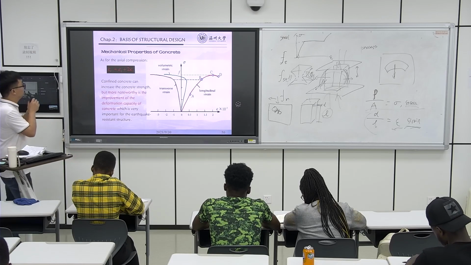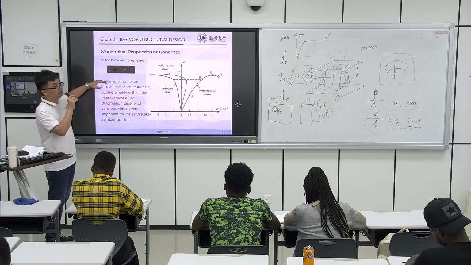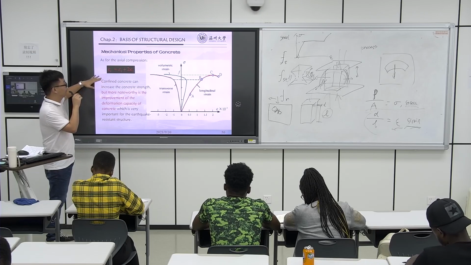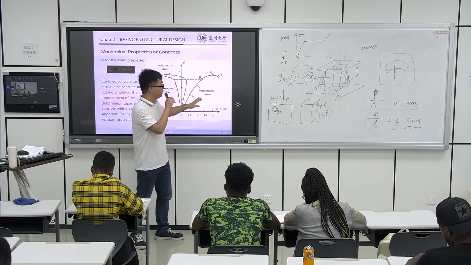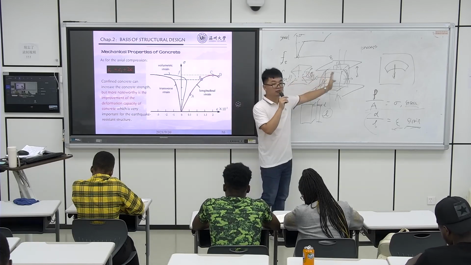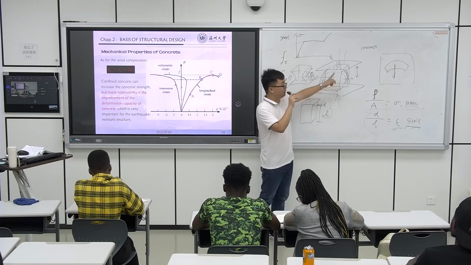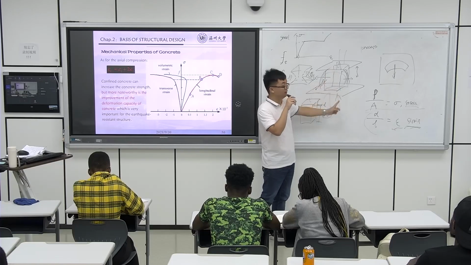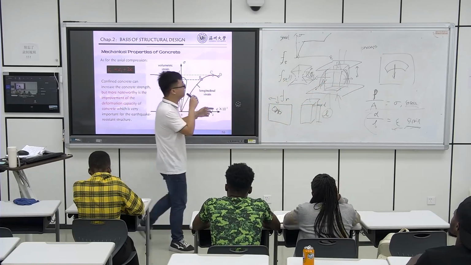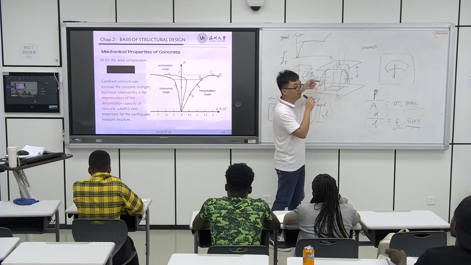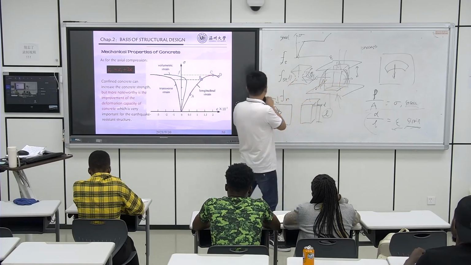Yeah, and this talks about the deformation. This is the longitudinal strain. That means under compression, the strain is described in this vertical direction, and the transverse strain is in the horizontal direction.